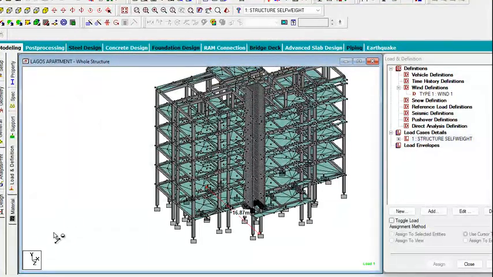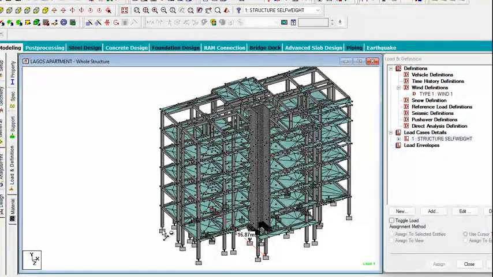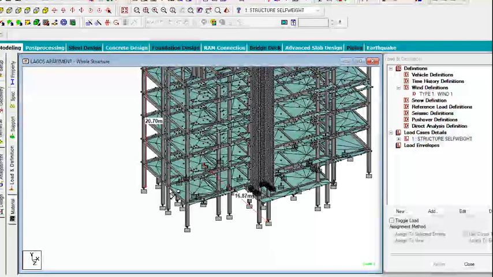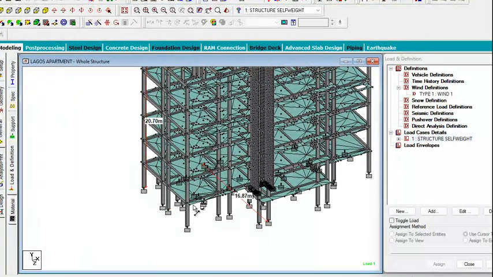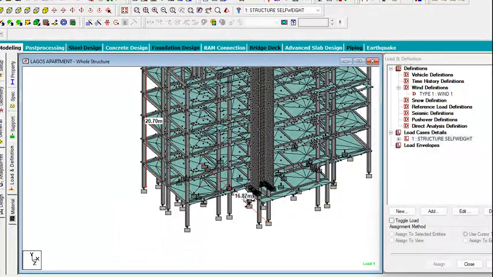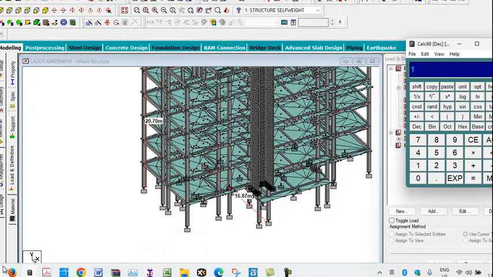If I'm to apply the wind load in this direction, this is 16.87, and the building height is 20.7. So the building height is greater than the crosswind dimension, but less than twice the crosswind dimension. Twice the crosswind dimension is 16.87 times 2, which is 33.74.